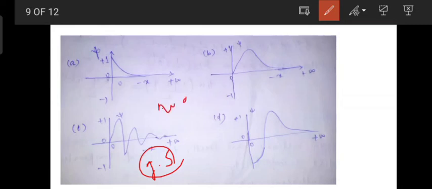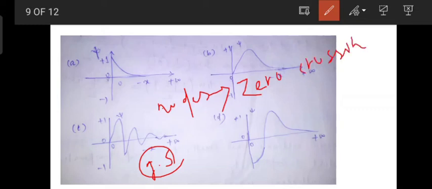Nodes are the zero crossings. The zero crossings. For the ground state there should be no zero crossing, so C and D will be cancelled as they have many zero crossings. But in A and B there is no zero crossing.